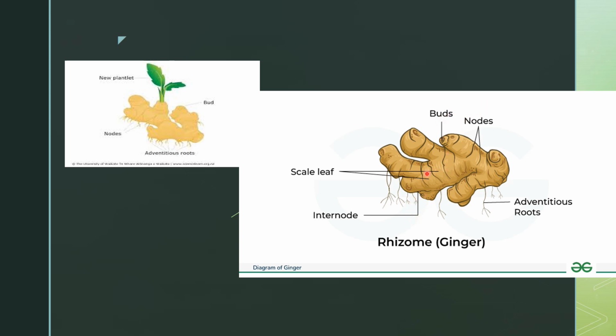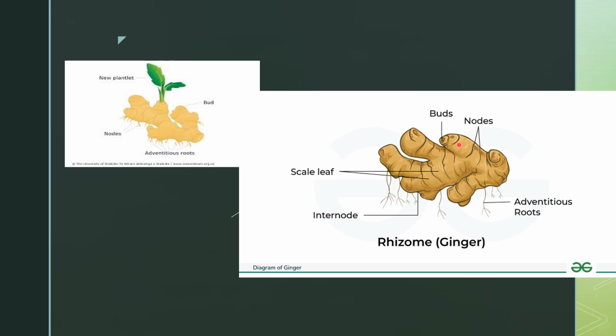From the bud, a new plant can be born, because this rhizome contains food.